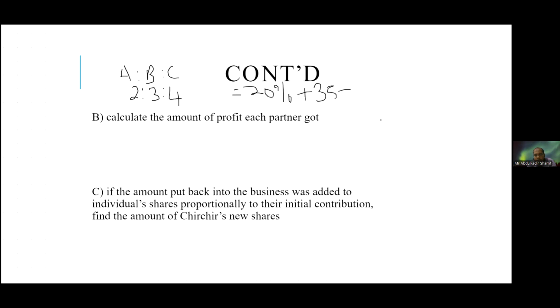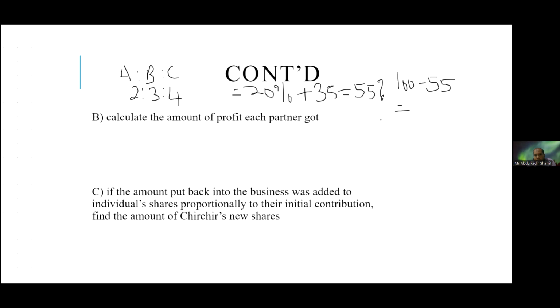So the remainder, which is 100 minus 55, this one will be used to share. So itagawanywa baina hao partners. So 100 minus 55 is 45%.